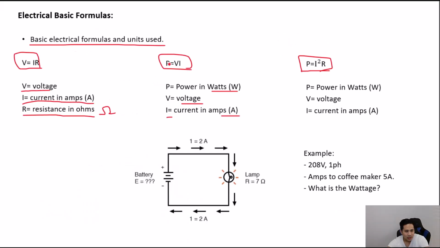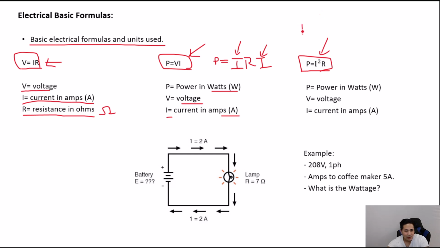In this formula right here, we replace the V with IR. So P is equal to IR times I, which becomes I squared R because you have two I's here. That's how you get this formula: P equals I squared R.